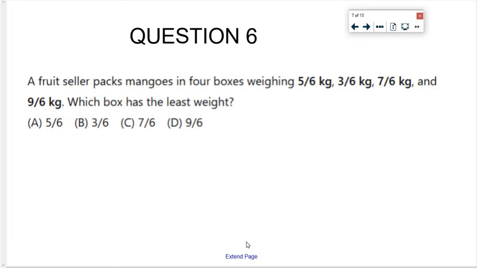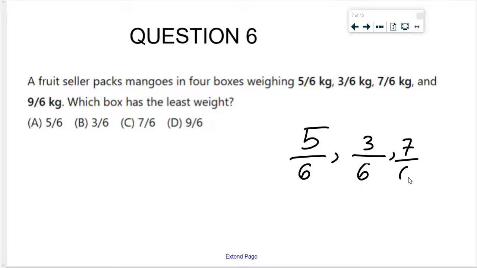Next question. A fruit seller packs mangoes in 4 boxes weighing 5 upon 6, 3 upon 6, 7 upon 6, and 9 upon 6. The question is, which box has the least weight? Least means smallest.